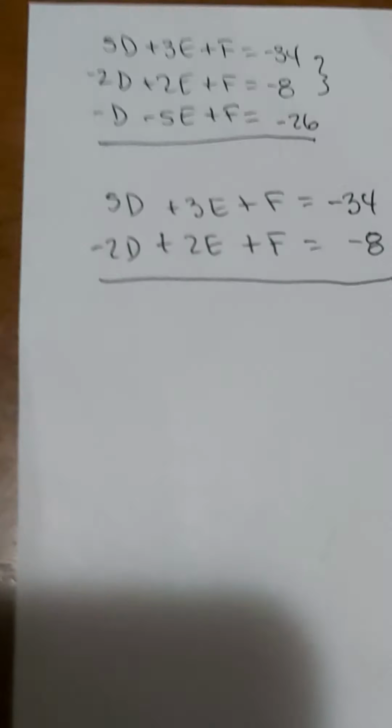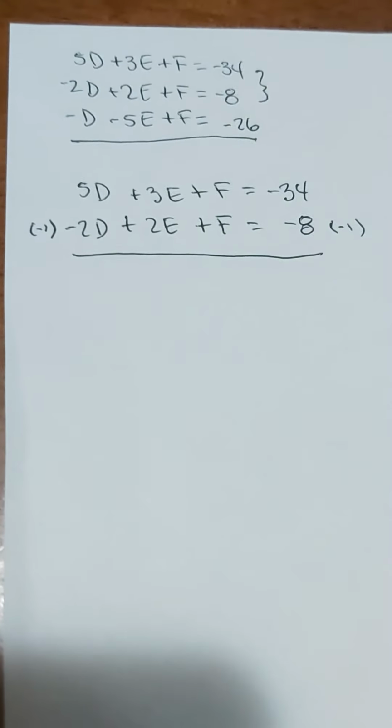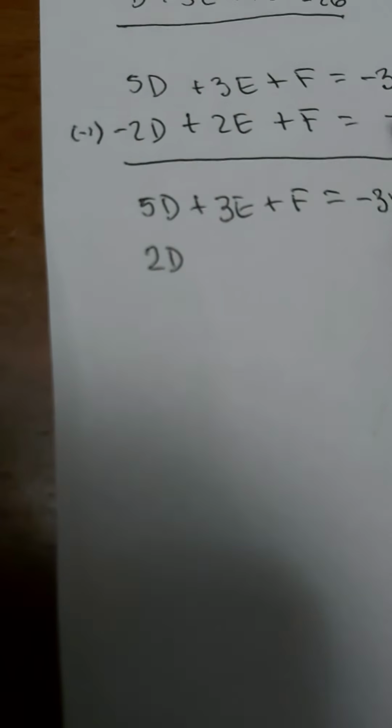So we're going to cancel or eliminate f. To do that, we're going to multiply the bottom equation by negative 1. So we get 5d plus 3e plus f equals negative 34. Negative times negative 2d, that's positive 2d. Negative times positive 2e, that's negative 2e.